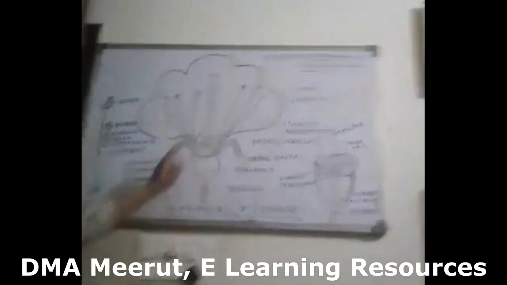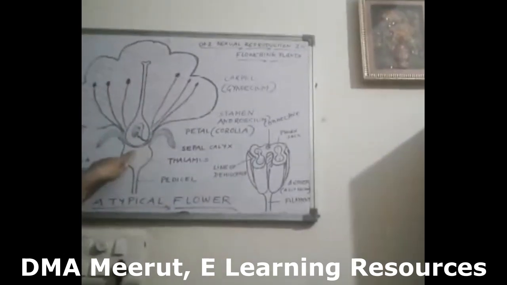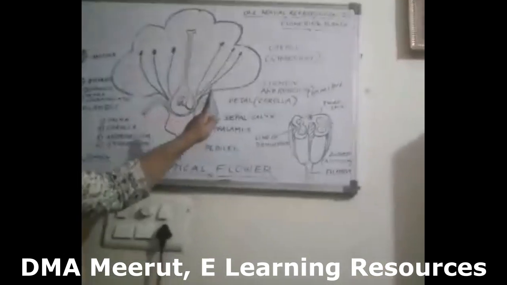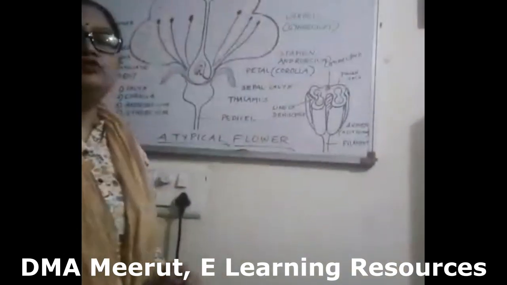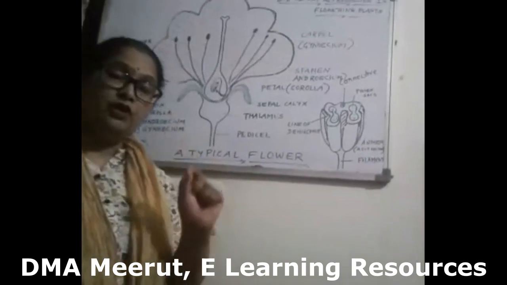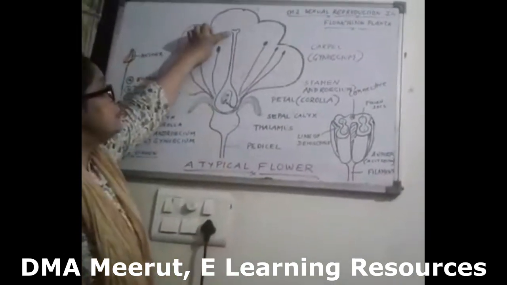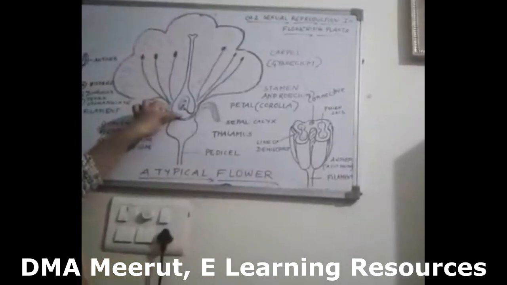Now at the center position carpel is present. So you can say the central position is occupied by carpel, which is the female reproductive structure, and the technical term for it is gynoecium. And a single unit of gynoecium is called pistil, which is divided into 3 parts: stigma, style and ovary. We will discuss it in detail later on.